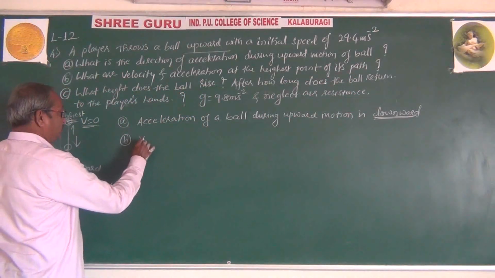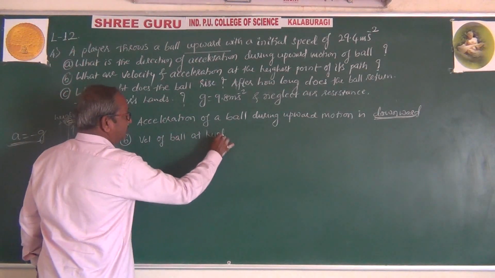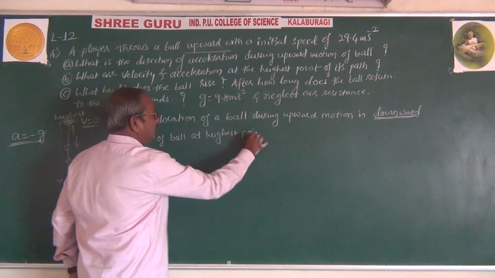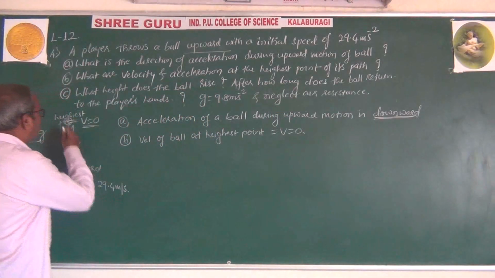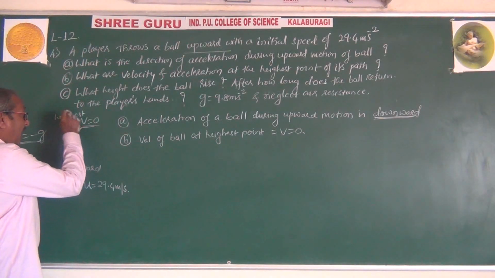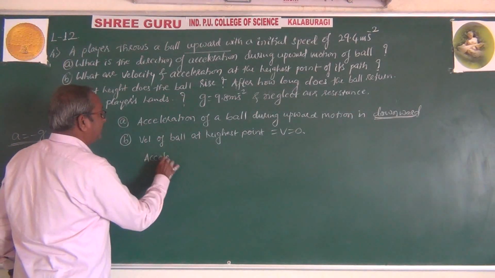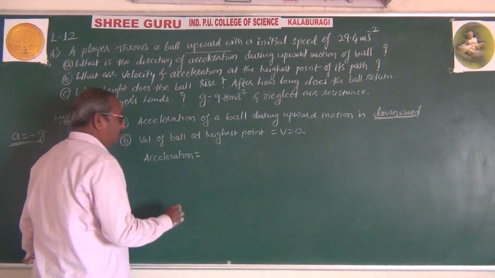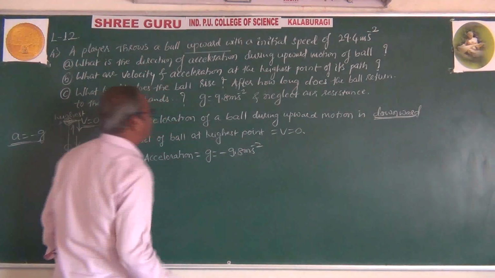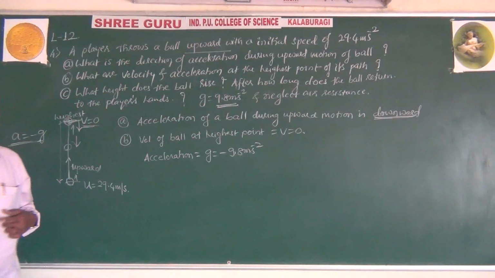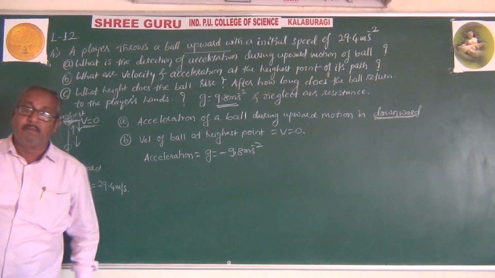So the velocity of the ball at the highest point is v equal to 0, and at the highest point its acceleration is downward, equal to the acceleration due to gravity: g equal to minus 9.8 meters per second square, because the motion is upward but acceleration is downward, so it is taken as minus 9.8.